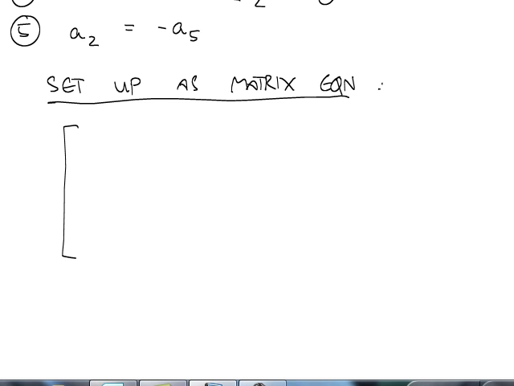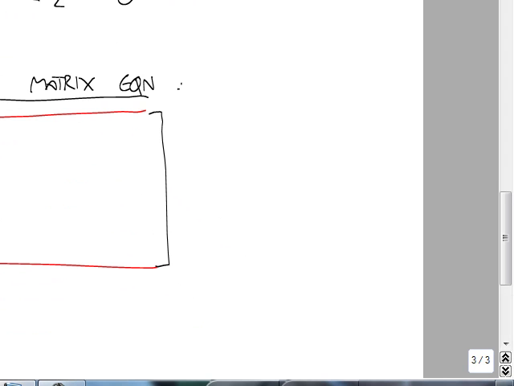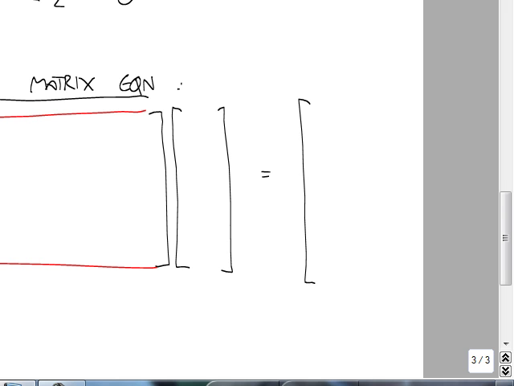We can write this as a matrix with 5 variables. So we're going to set up an equation that's a matrix times a vector is equal to a vector of constants.